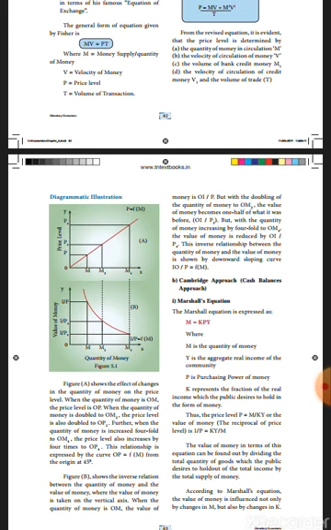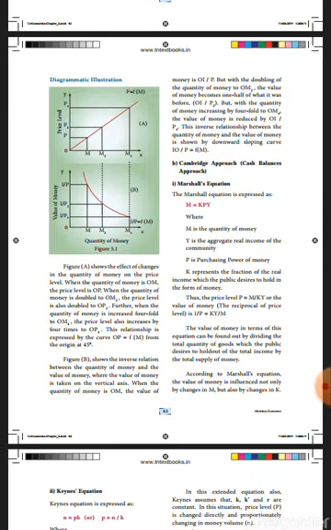Now, refer to diagram B. On the x-axis, quantity of money; on the y-axis, value of money. It shows an inverse relationship between quantity of money and value of money.